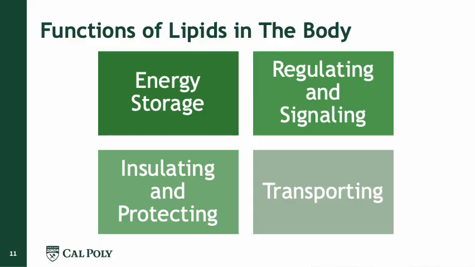Then it is very important in transportation, mainly for liposoluble vitamins. This means vitamins that are soluble in fat or lipids, mainly vitamins A, E, D, and K. Because of their similarity in terms of polarity, fats are very important in transporting these vitamins.